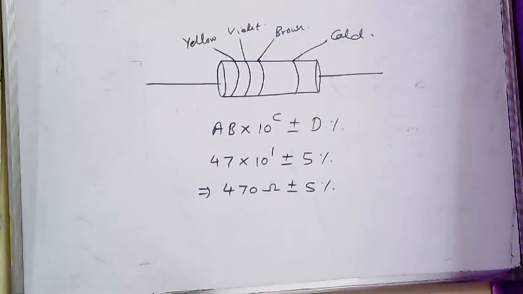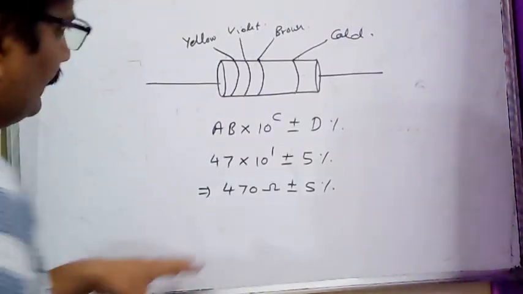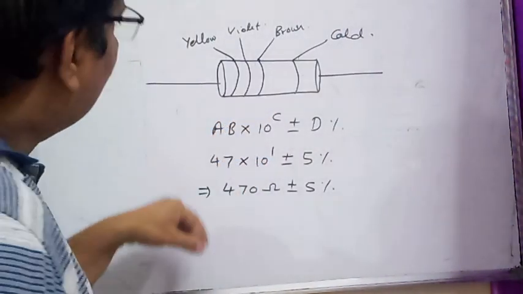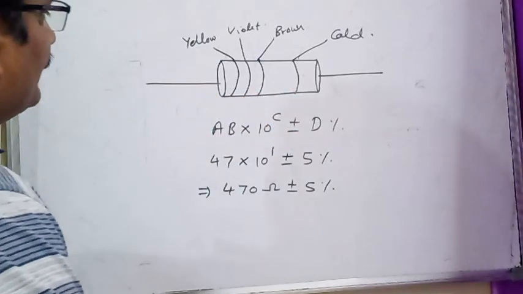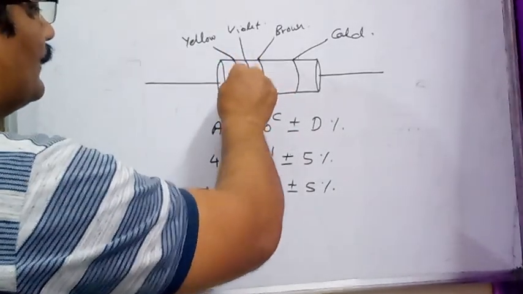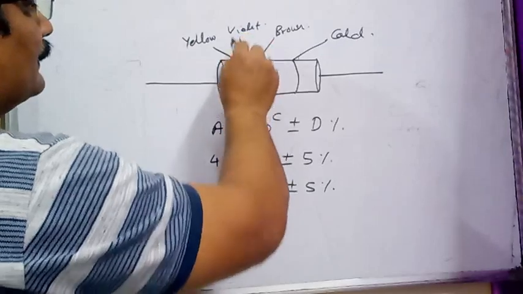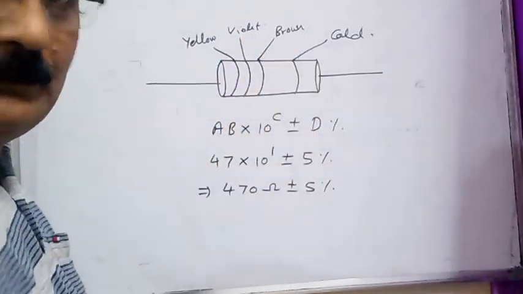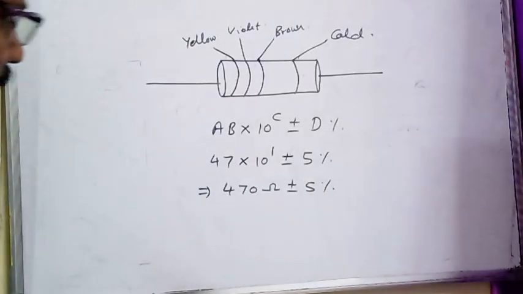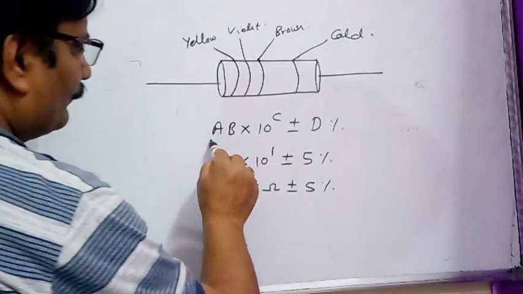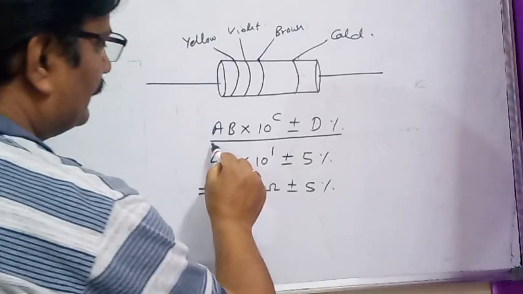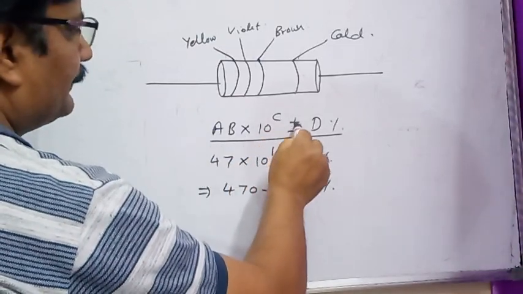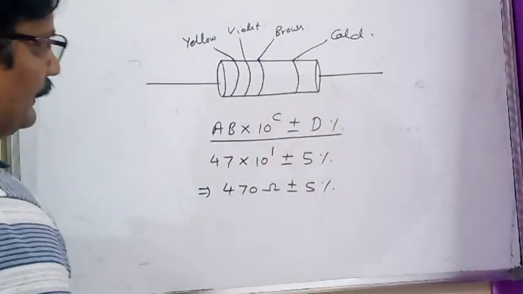Students, see, this is an example of how we can read the value of the carbon resistor. This is the carbon resistor. The first band is yellow, second violet, third brown and fourth gold. From the list of color codes, the formula to calculate the value is AB into 10 to power C plus or minus D%.